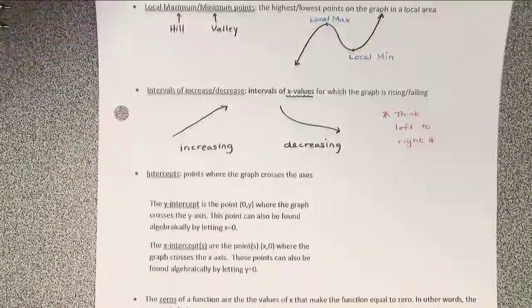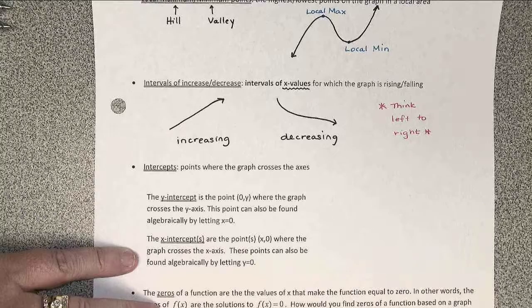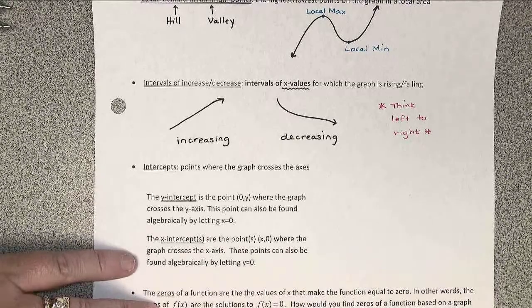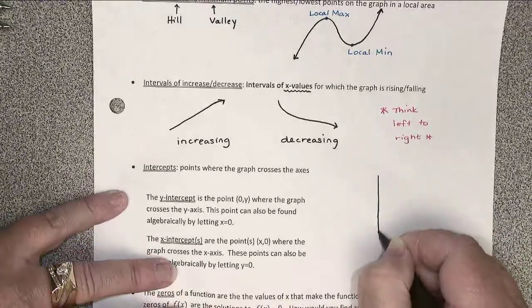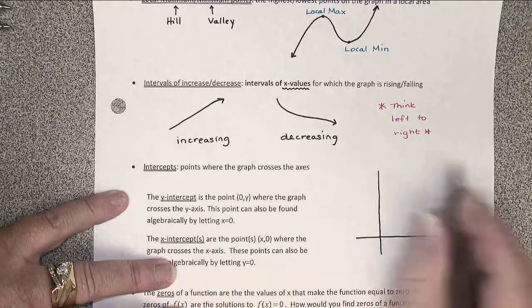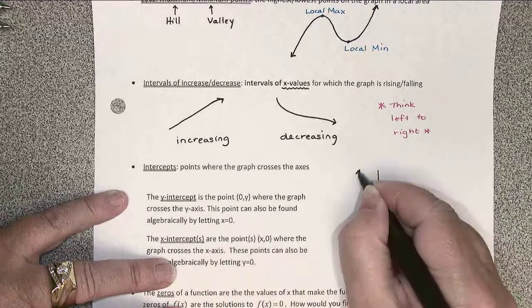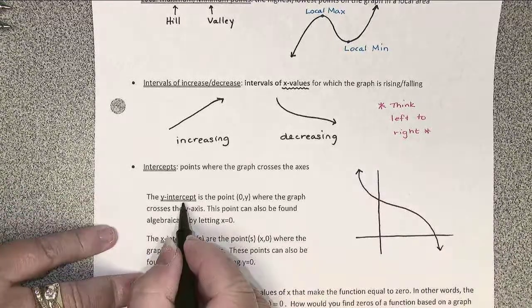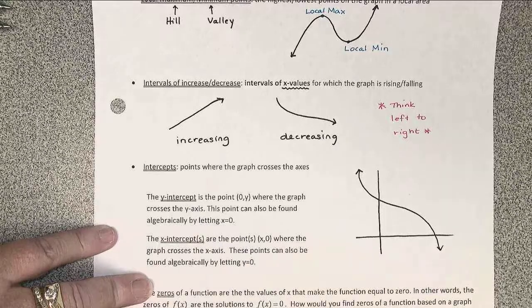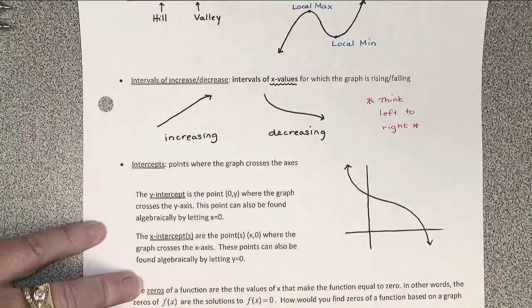All right. The next few definitions involve intercepts. Intercepts are simply the points where the graph crosses the axes. So if I have a graph like this, then the y-intercept is just the place where that graph crosses the y-axis.